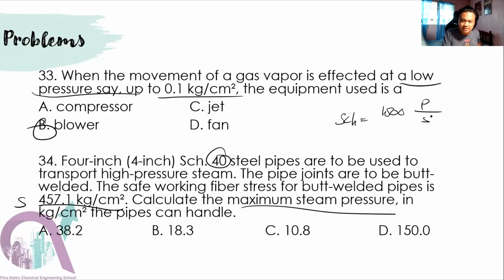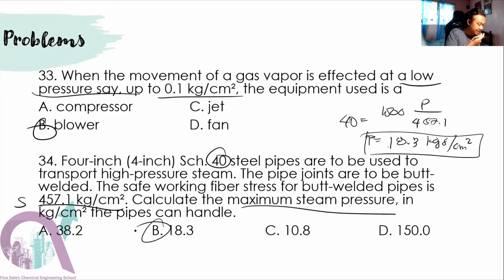We know S is 457.1, and we know the schedule is 40. Just use shift solve to find P. You will get 18.3 kilogram force per square centimeter. It's letter B.